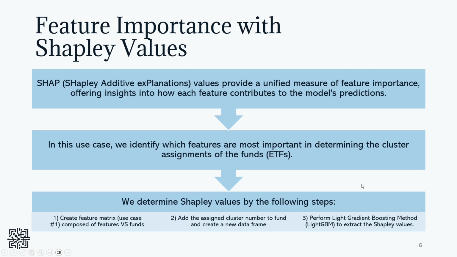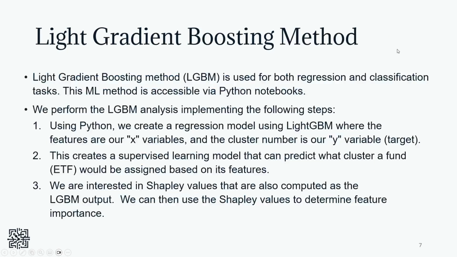We're going to make use of the feature matrix we already have. Then we are going to assign the clusters, and then we're going to use a gradient boosting method to try and help predict which cluster a fund would be in. And then because that becomes a supervised learning model, we can then apply Shapley values. That's what we are doing. And I hope everyone is happy with that and that works for you.